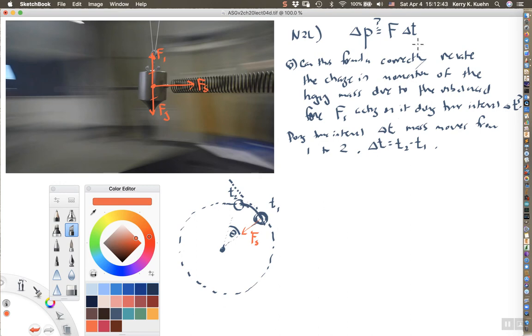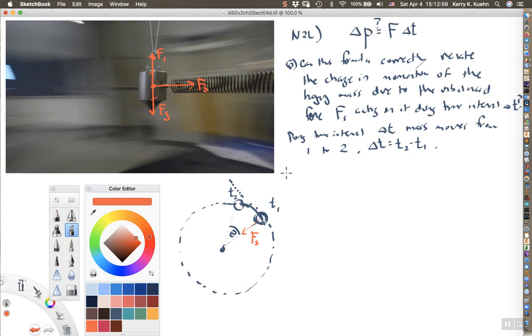And what we want to do is, if we know this spring force, how big it is, because we've measured the spring force when it's stretched by a certain amount, and we know some time interval we're considering, can we find out what the change in momentum is during that time interval?